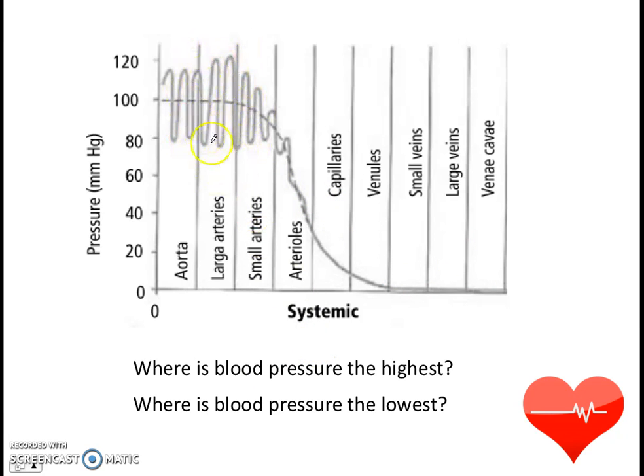In the arteries, the pressure is very high, as we were looking at before. Where's the blood pressure the lowest? Blood pressure drops and it's the lowest when it reaches the veins. Now this interesting shape here is something for you to go back and think about. Why is it that blood pressure in the arteries has this wavy shape, going up and down, up and down? Hint for you, feel your pulse.